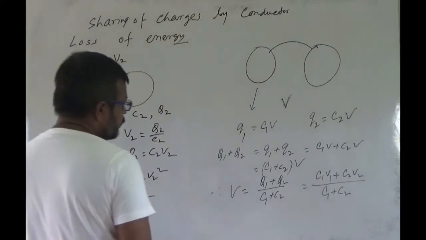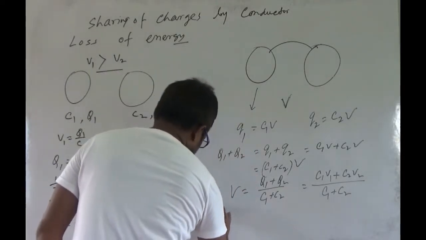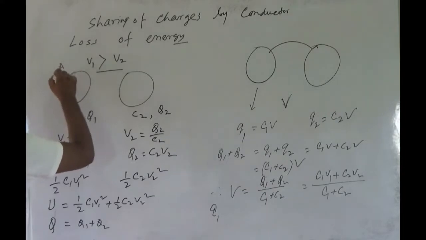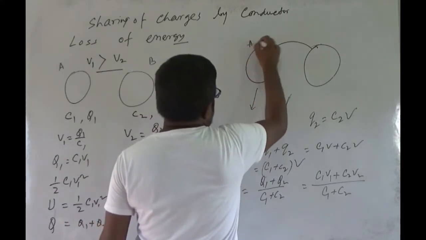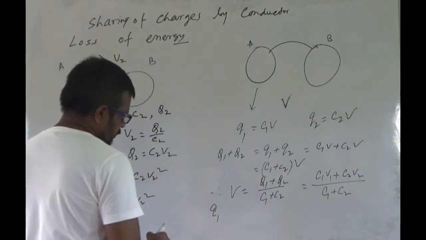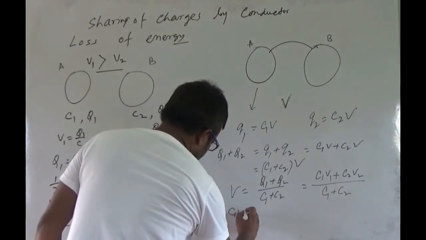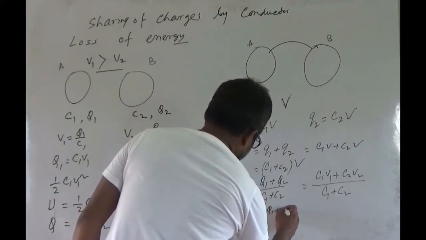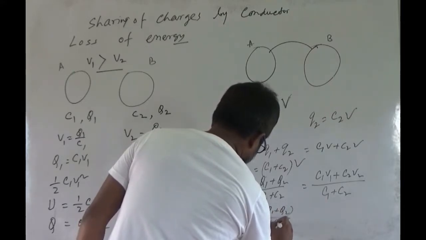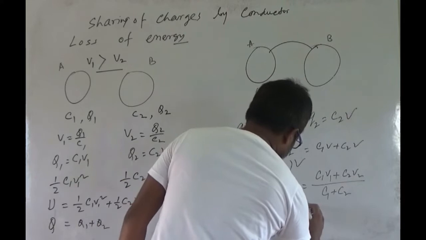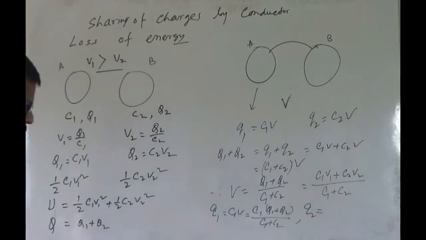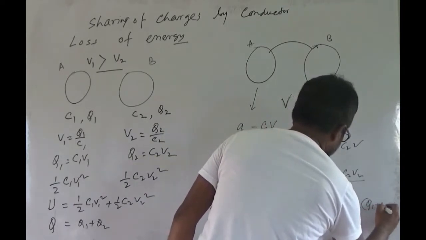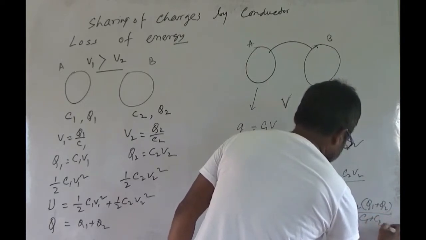Therefore, you can name the two conductors: this is conductor A, this is conductor B. The charge on conductor A is equal to C1 into V, that is C1 into Q1 plus Q2 divided by C1 plus C2, and the charge on conductor B after the sharing is C2 V, equal to C2 into Q1 plus Q2 divided by C1 plus C2.